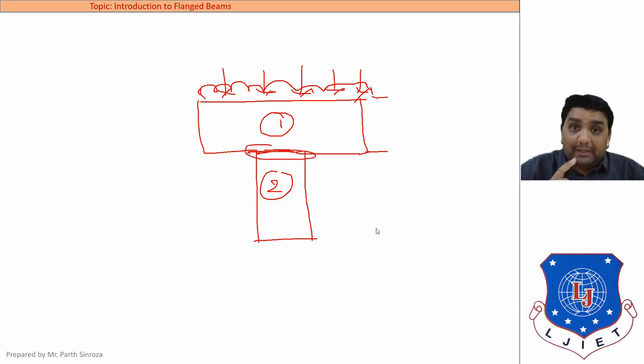When the load reaches the beam portion, it is being resisted somewhat, in some quantity, by the slab. So we won't get the exact value of how much load is transferred to this section. So we won't be using the section this way.